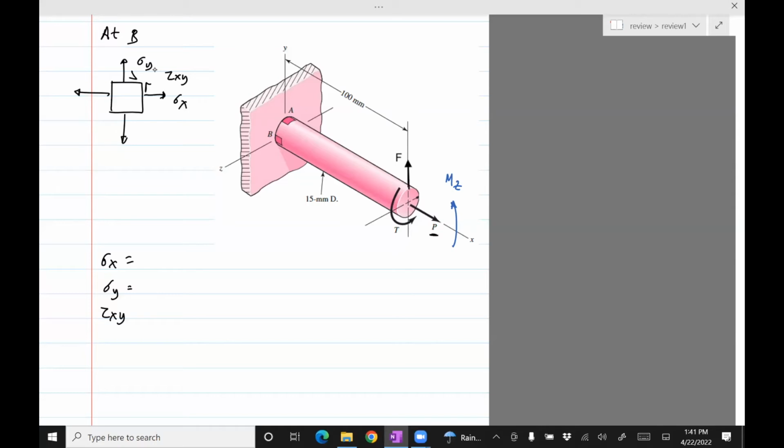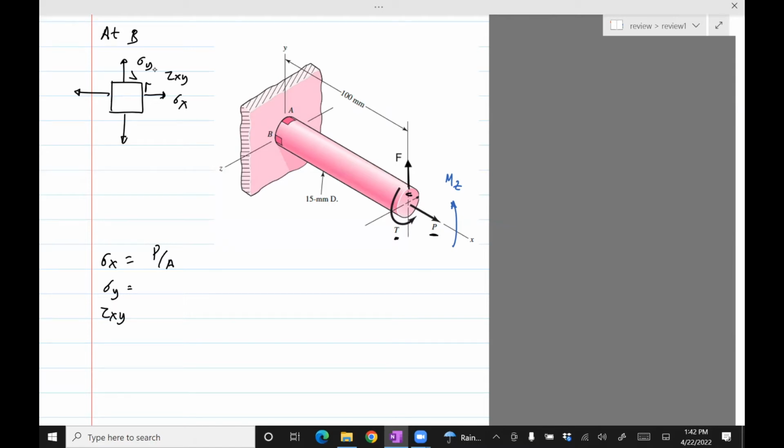Clearly P does. P divided by A, where A is the cross-section area. The torque only produces a shear stress, so it won't have a contribution. The F has a direction upwards, and it clearly doesn't contribute to stress in the X direction.